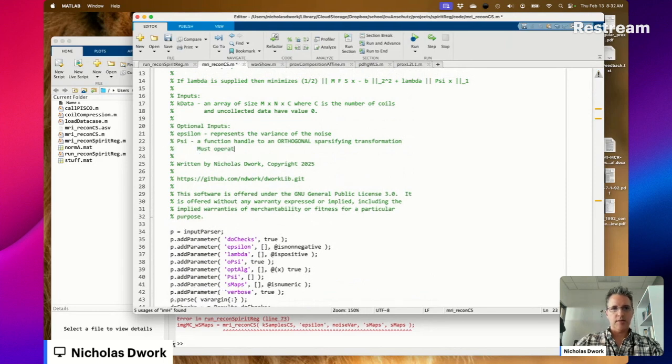Must operate on either a 2D image or a 3D array, a set of 2D images.